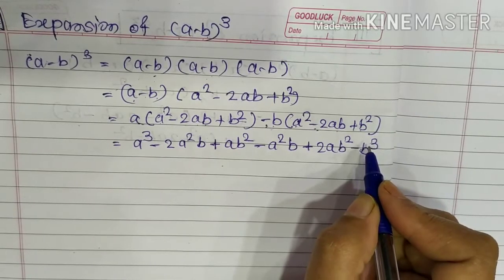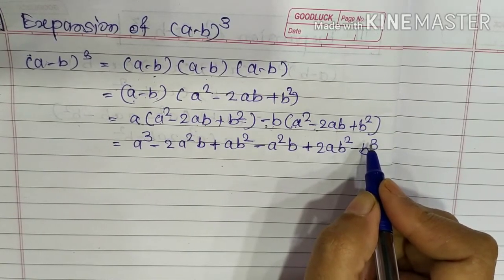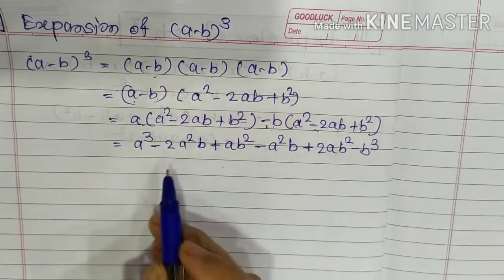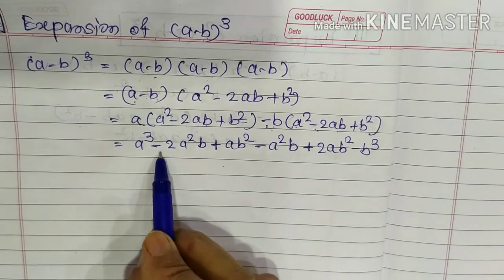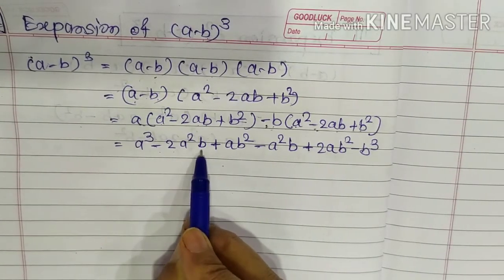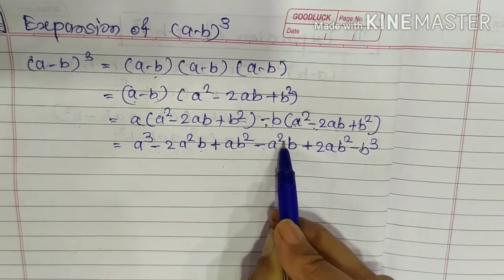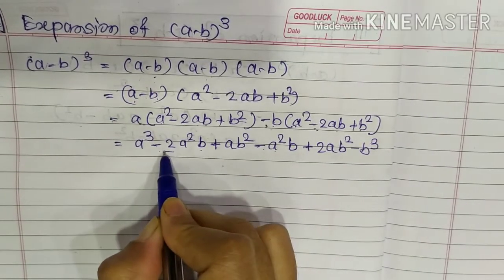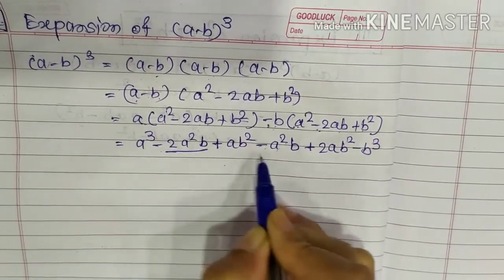So let us see the like terms. Minus 2a square b and minus a square b are like terms.